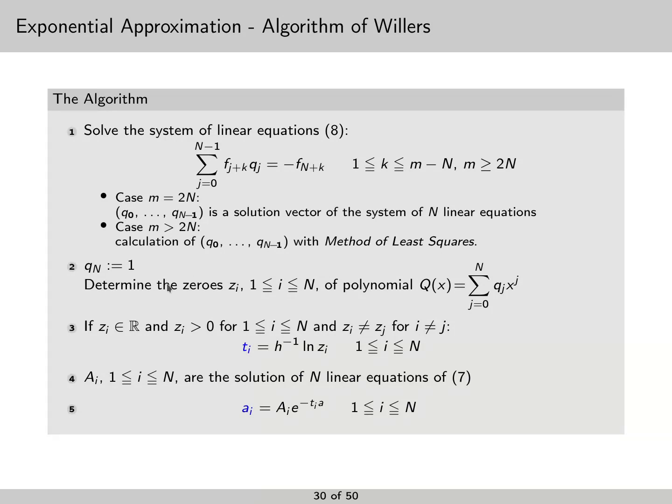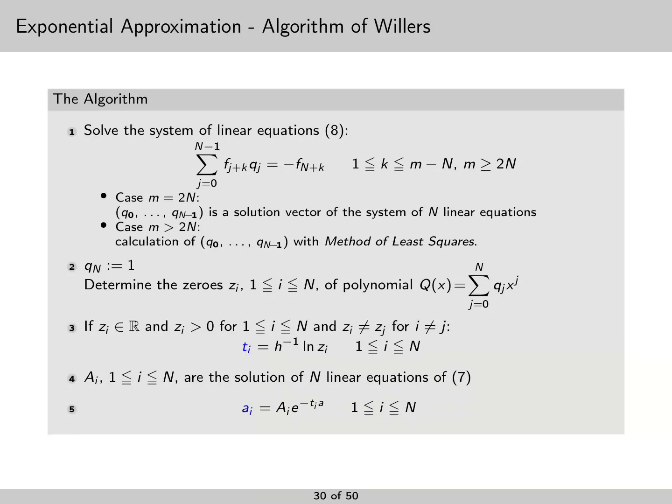If a solution exists, determine the zeros of polynomial q. If q has n real pairwise different zeros greater than 0, this formula gives us the wanted coefficients t_i.